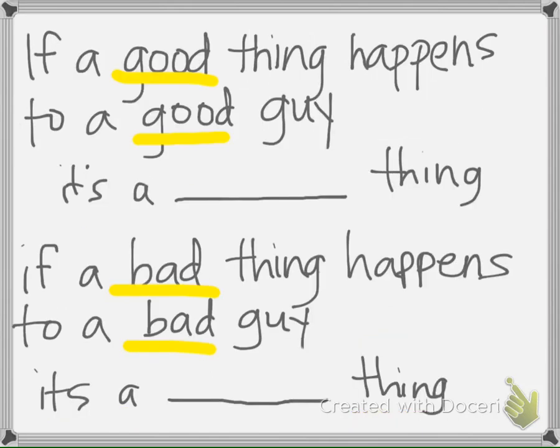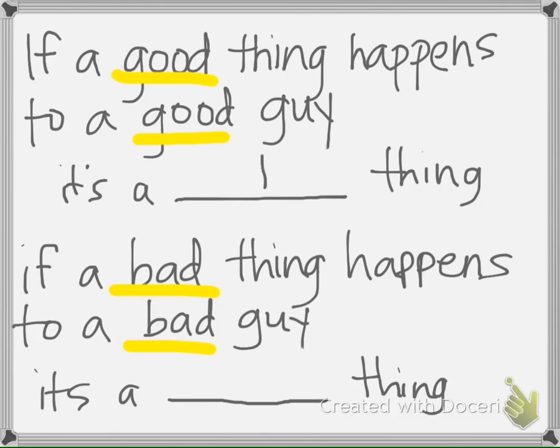Okay? So when we're talking about good guys and bad guys, it's easy to look at the sign of a certain number when you're multiplying and dividing and apply those things. So if a good thing happens to a good guy, for example, if Batman wins the lottery, then this is a positive thing. This is a good thing, right?